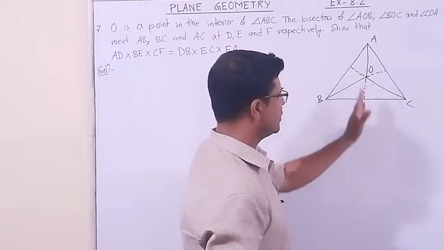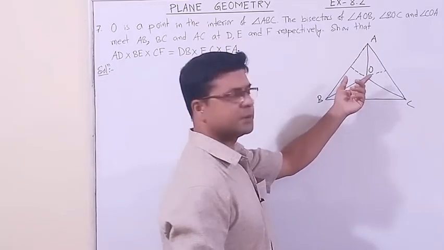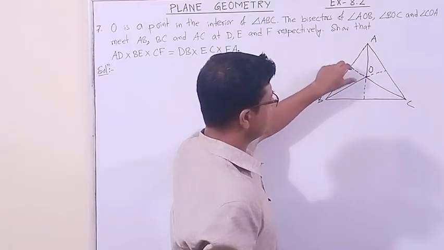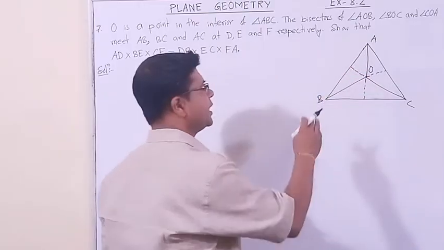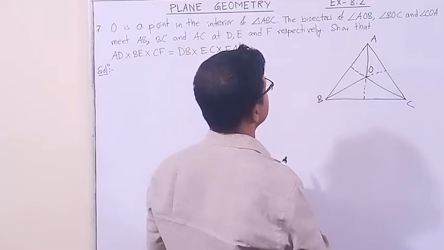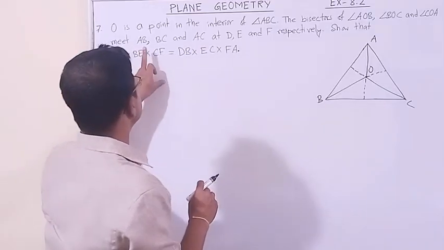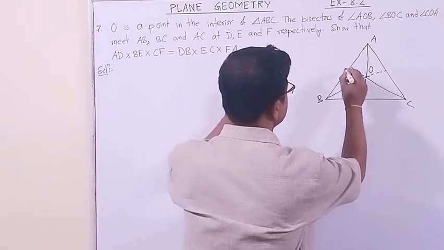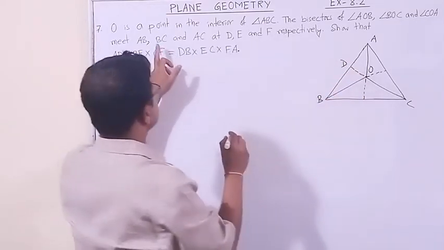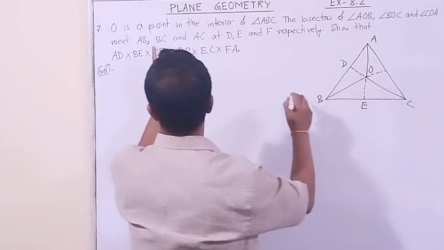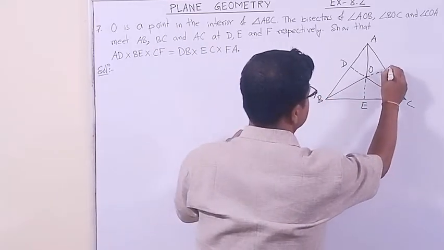You can draw solid lines here, no issue at all. So these bisectors meet AB at D, then BC at E, and AC at F.